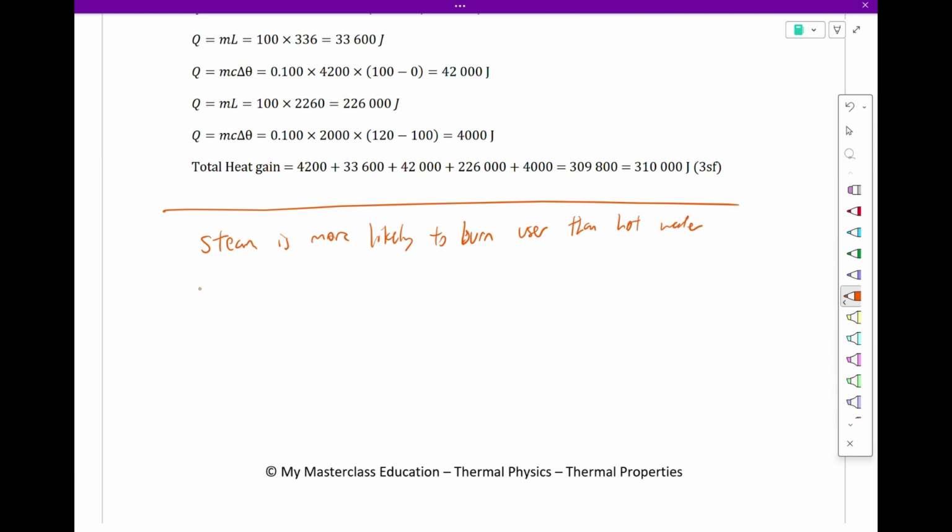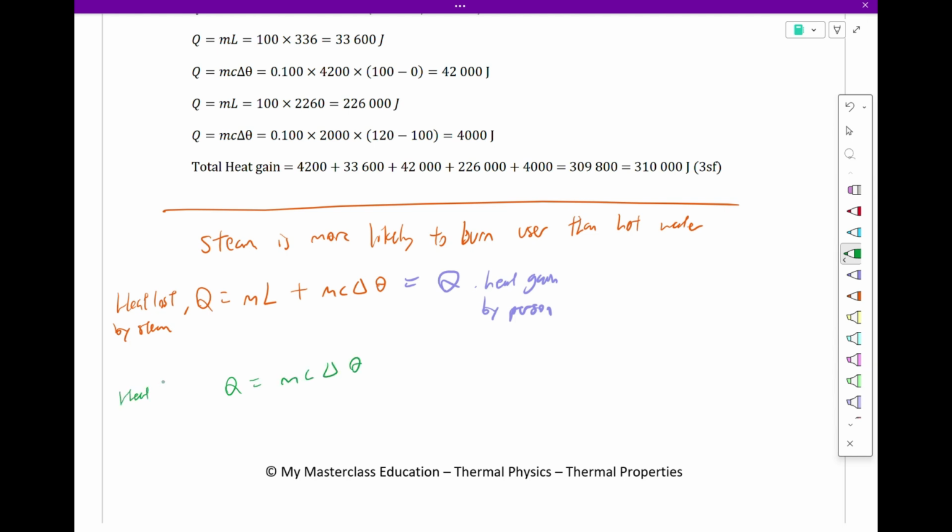Because remember, steam will condense first before it changes temperature. This is heat loss by steam, and this value is equal to the heat gain by the person, which means steam can lose more heat to you, whereas for the hot water it is just like this, heat loss by hot water.